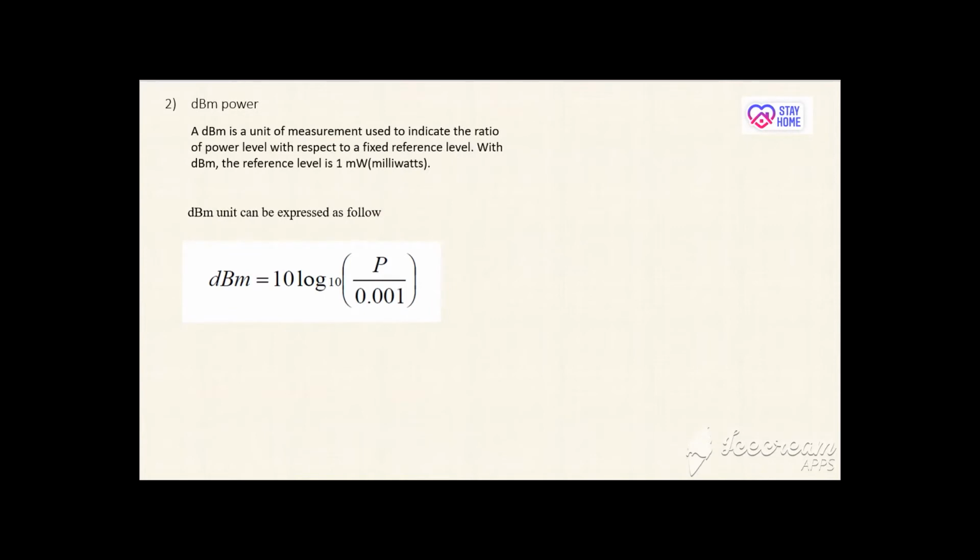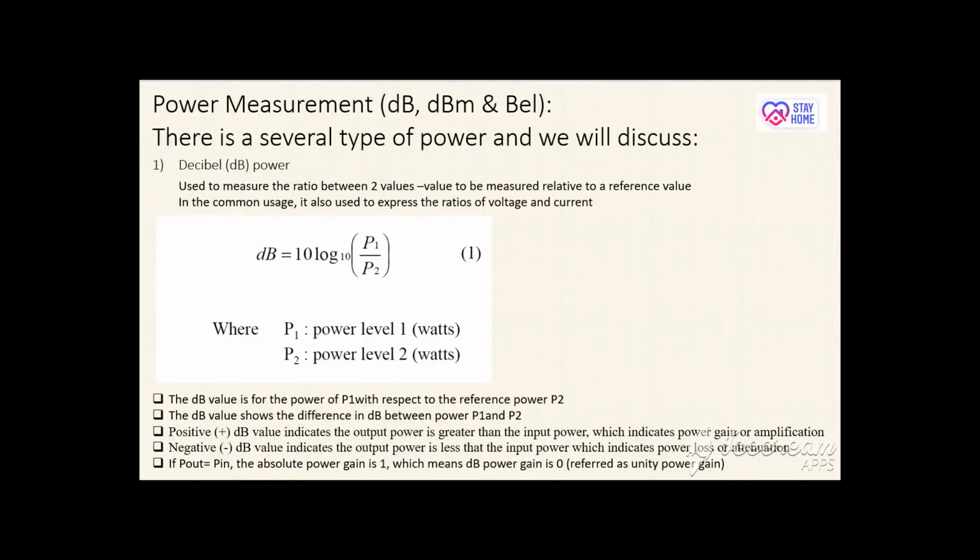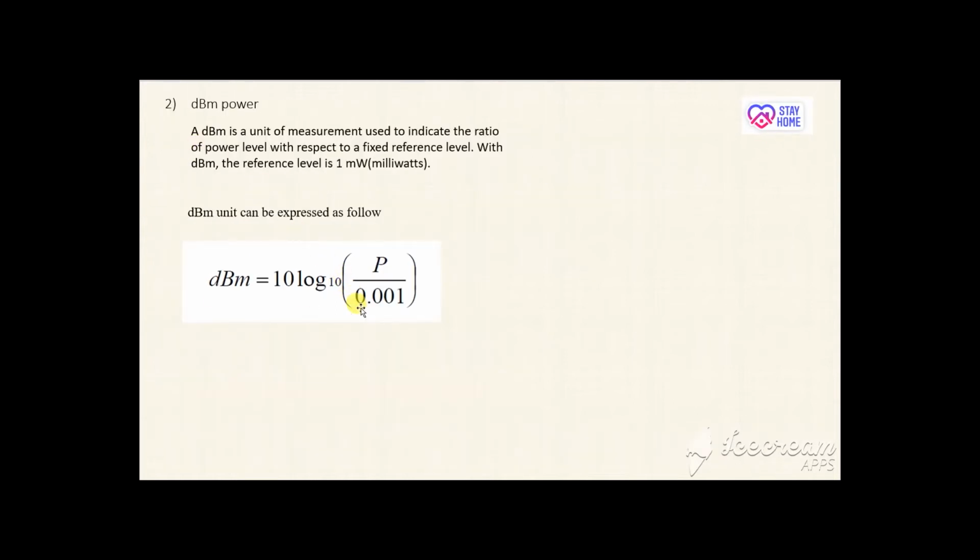The second type of power is dBm. dBm is the same as dB, but the difference is that in dB we have a variable reference P2, but in dBm we have a fixed reference, which is 1 milliwatt.